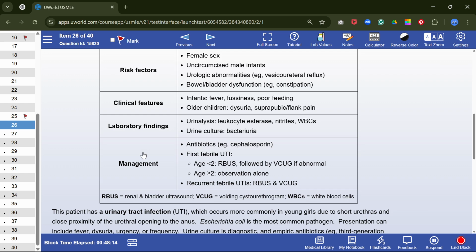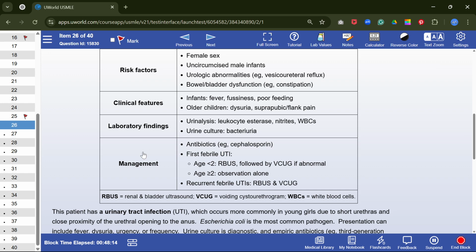In management, we use antibiotics like the cephalosporin group. If there is a first febrile UTI and the age is less than 2, do a renal and bladder ultrasound, followed by voiding cystourethrogram if abnormal.